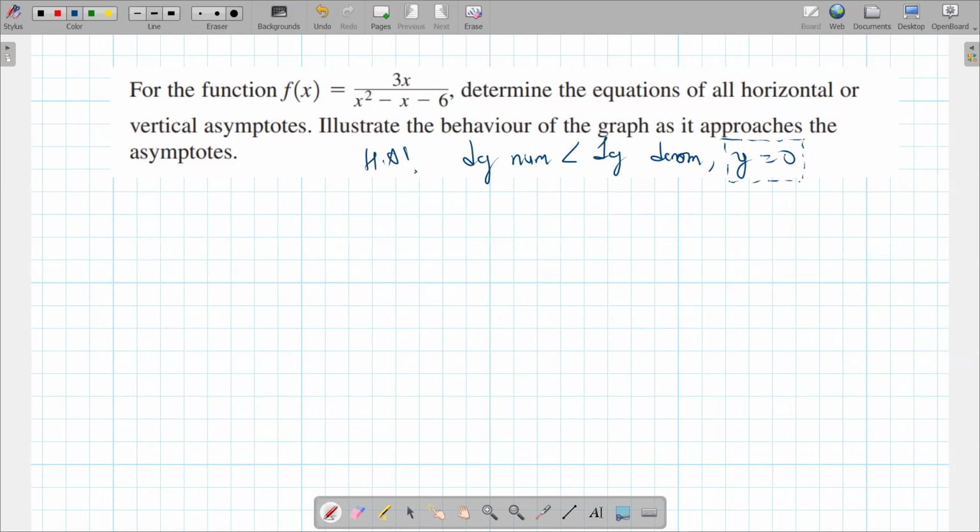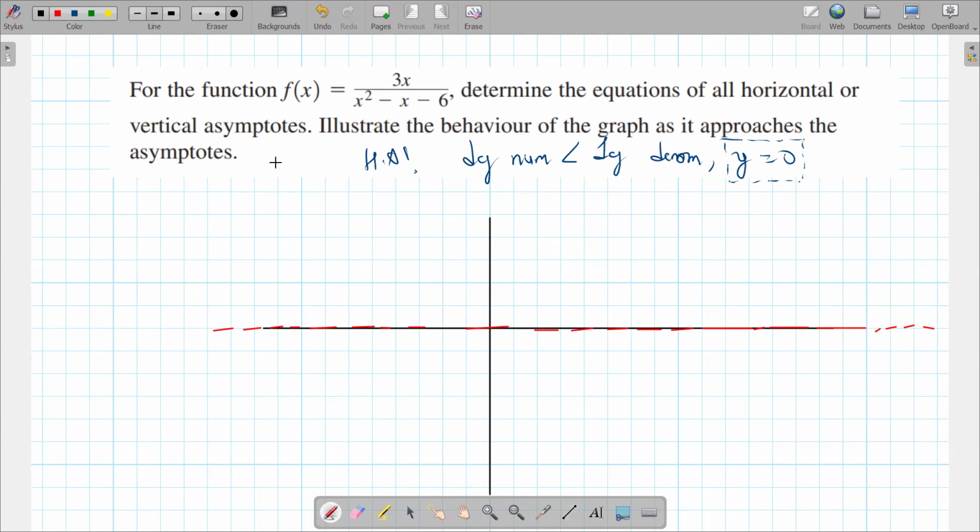Less. So where's the horizontal asymptote? At 0. On the x-axis at y equals 0, yes. So we know this function has this here at y equals 0.